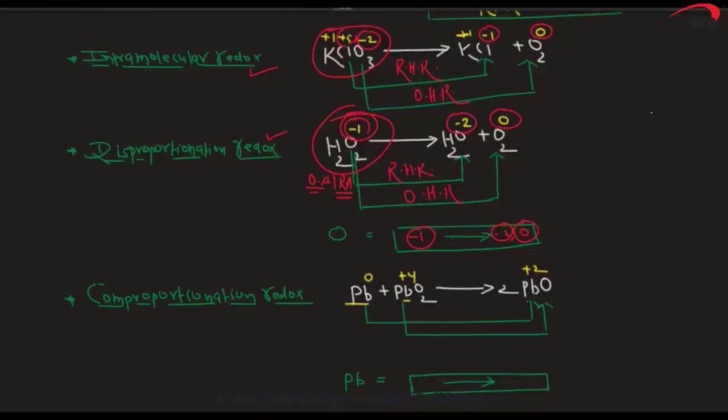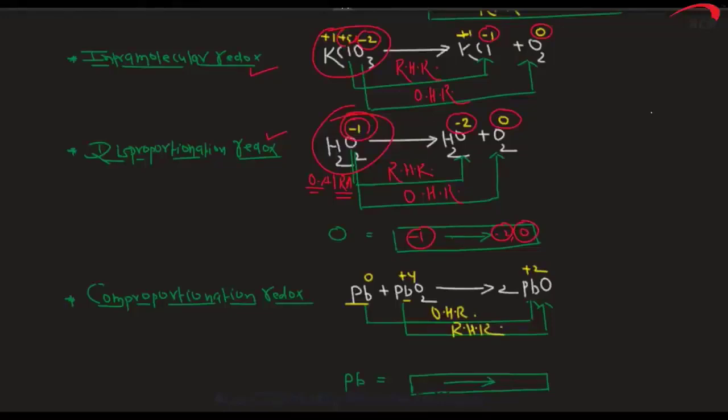So if Pb is related with the PbO, there is a change in the oxidation state from 0 to +2, which is an oxidation half reaction. And if it is PbO2 to PbO, that is +4 to +2, so it is referred to as a reduction half reaction.